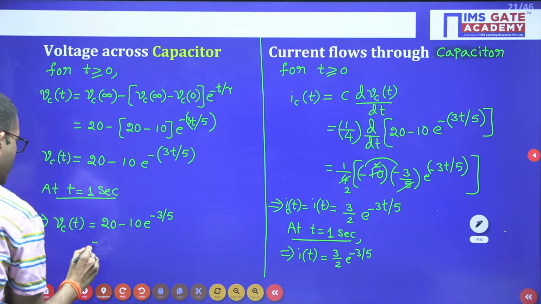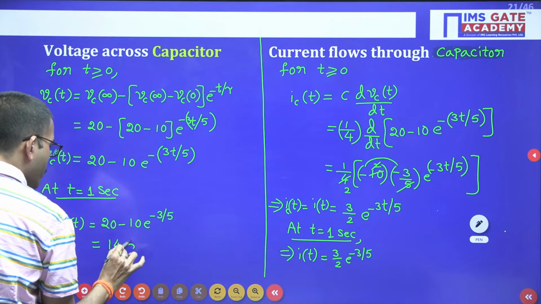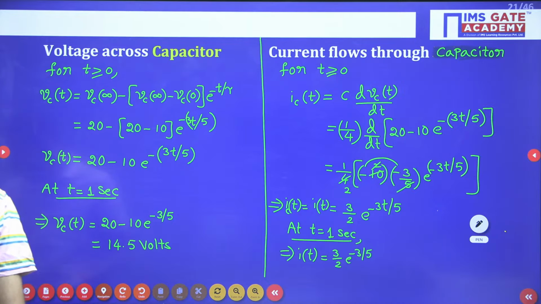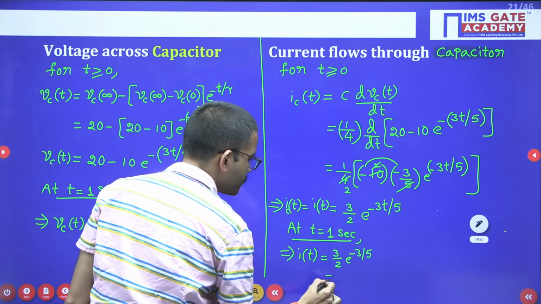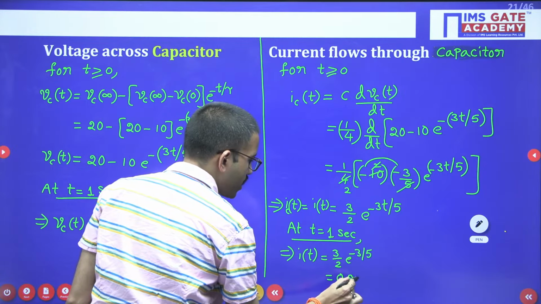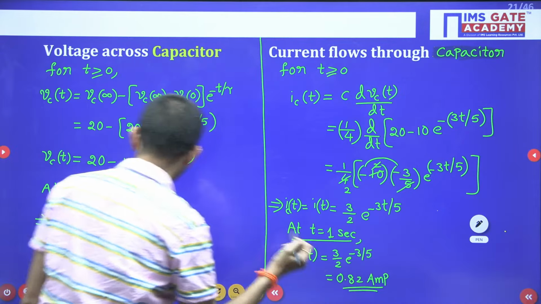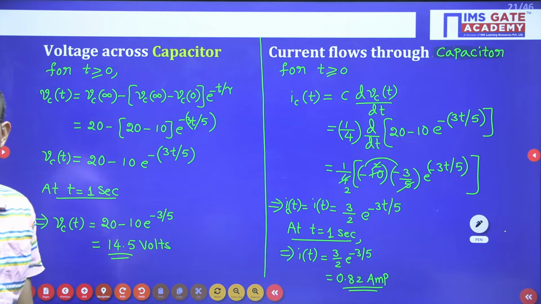After simplification you will get 14.5 volts, and for the current you will get 0.82 amperes. I have made an approximation, so accordingly you will get these values.